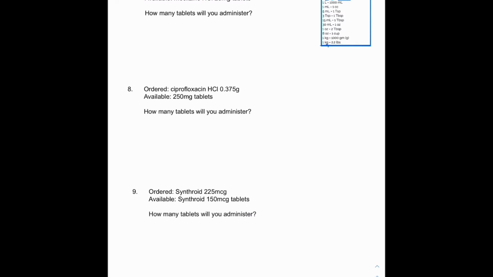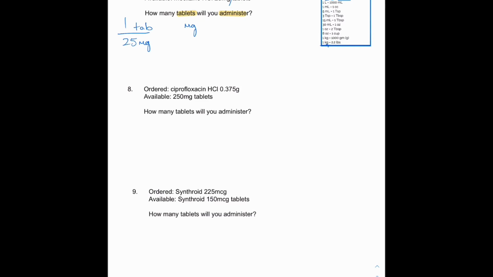So the question, how many tablets are we going to administer? So put tablets up top. In our problem, we see that for every one tablet, we've got 25 milligrams. We want to get rid of the milligrams, so we're going to put this up top here.